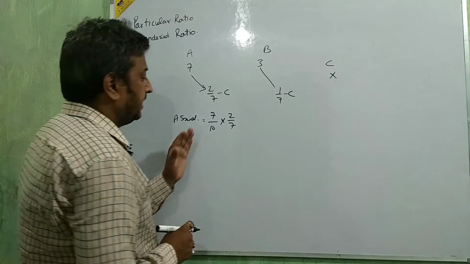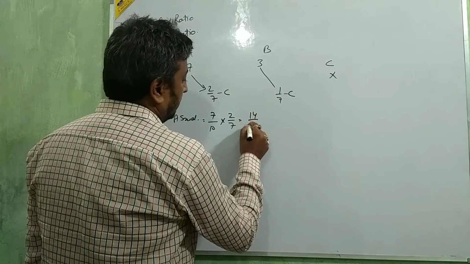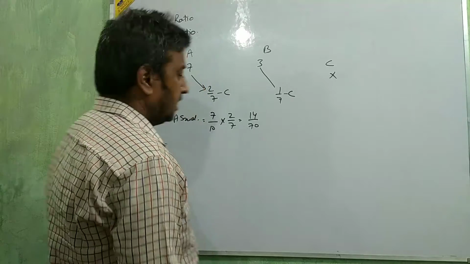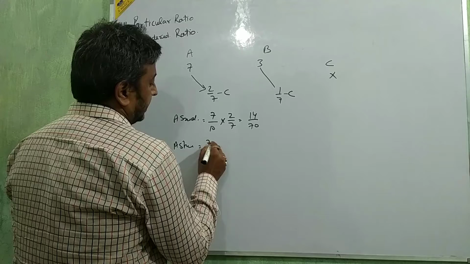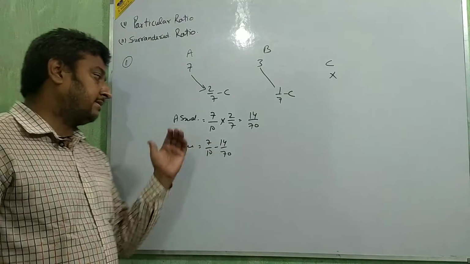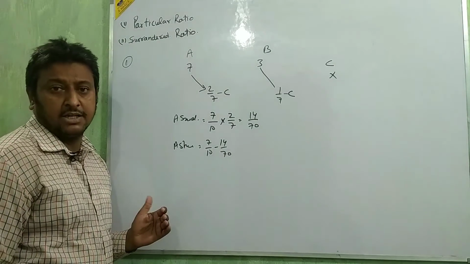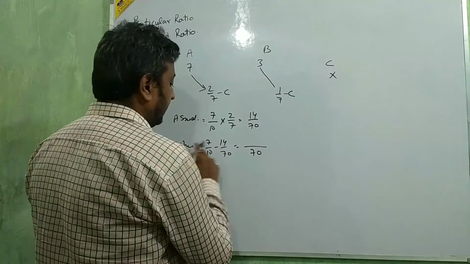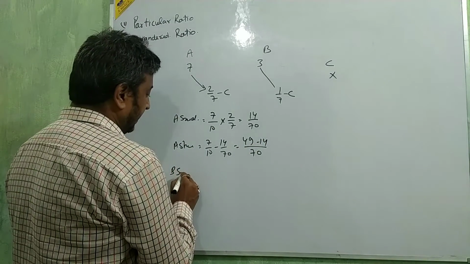He surrendered 2/7, that is 14/70. So A's share means 7/10 minus 14/70. If you subtract the amount surrendered by A, you will get A's ratio, which is 49/70.